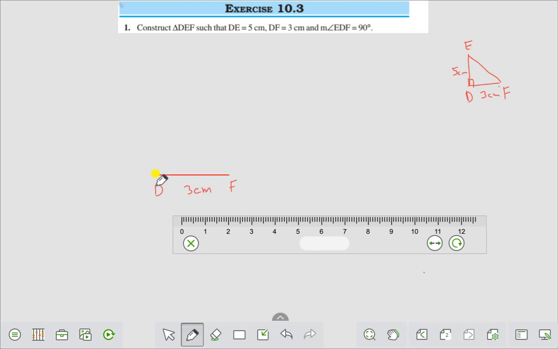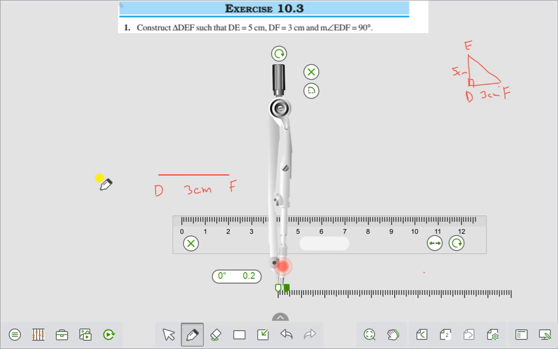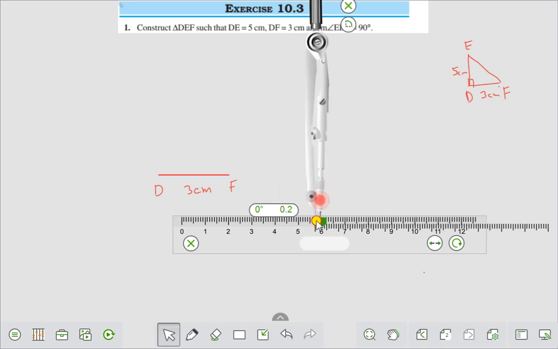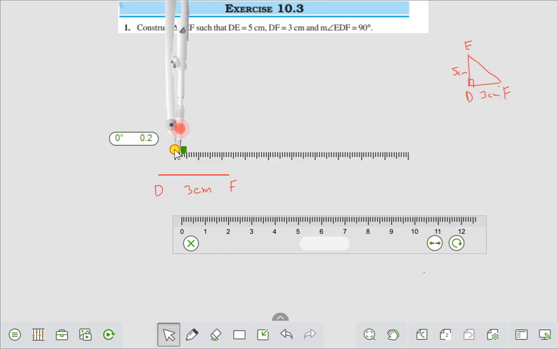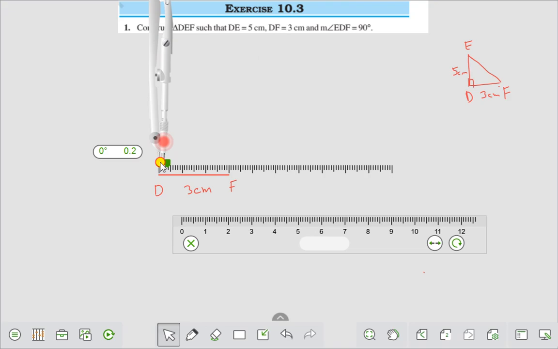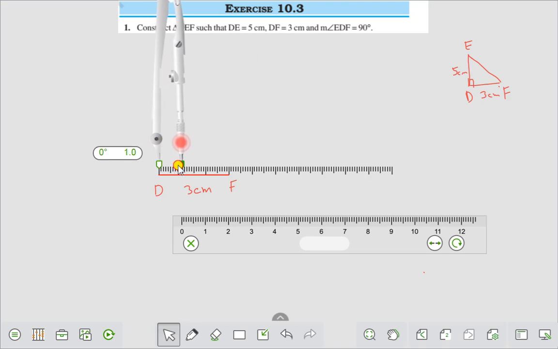Now draw a right angle at point D with the help of a compass. Let us take a compass and draw a right angle at point D. Place the pointer at point D and draw an arc like this.